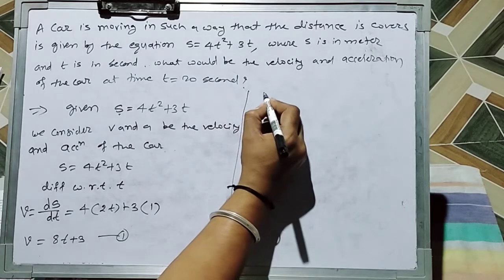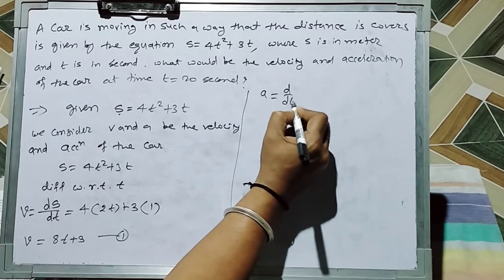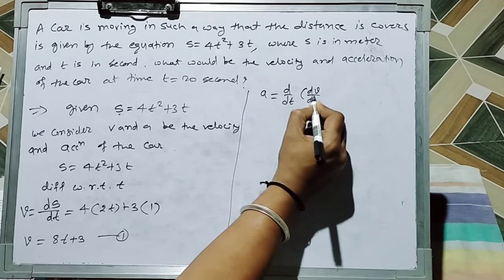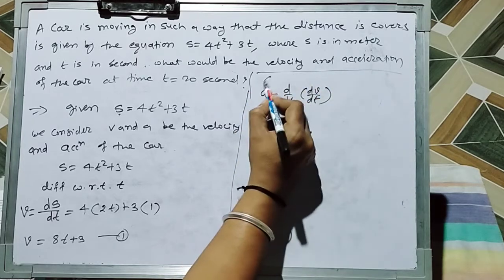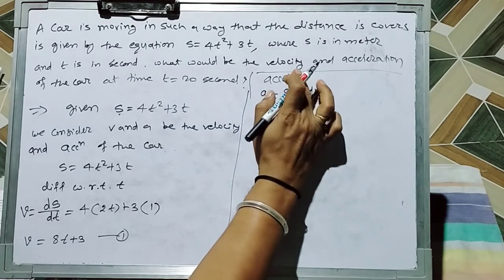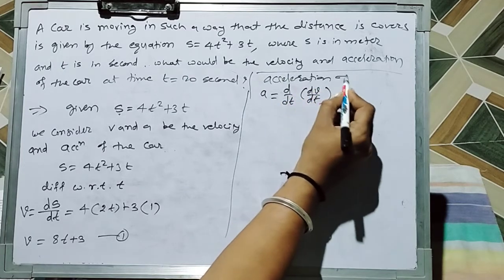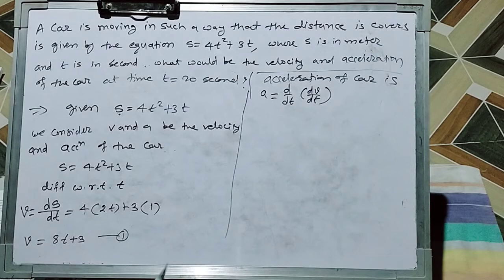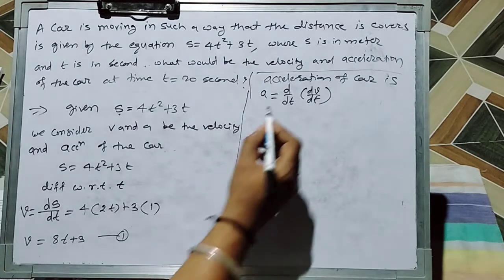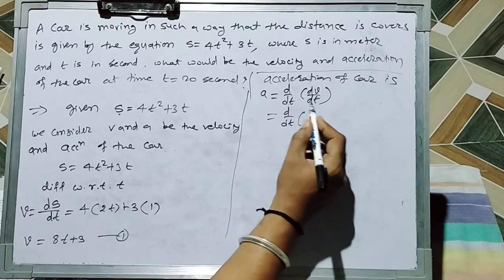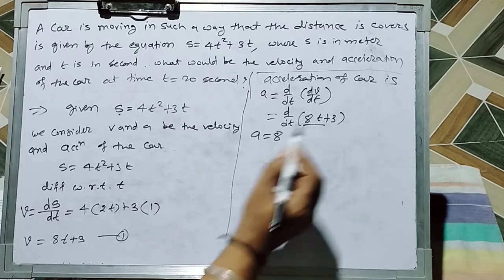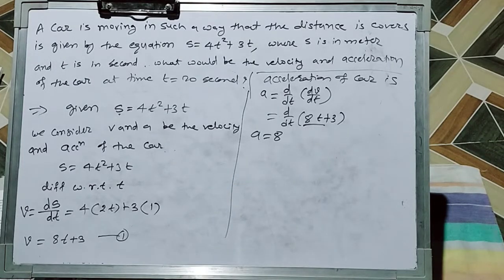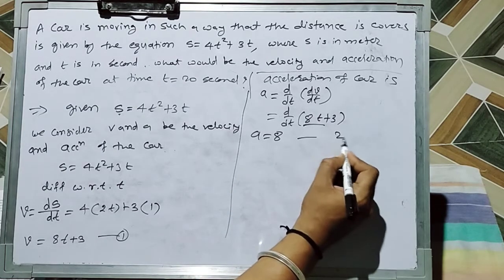So therefore acceleration equals dv by dt, which is the derivative of 8t plus 3. So acceleration equals 8 into derivative of t, which is 1, and derivative of 3 is 0. So therefore acceleration equals 8. Call this as second equation.